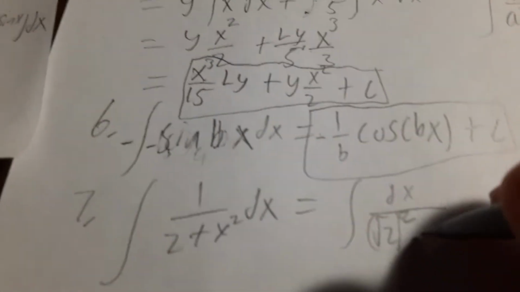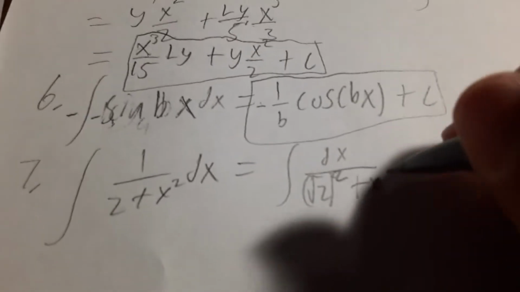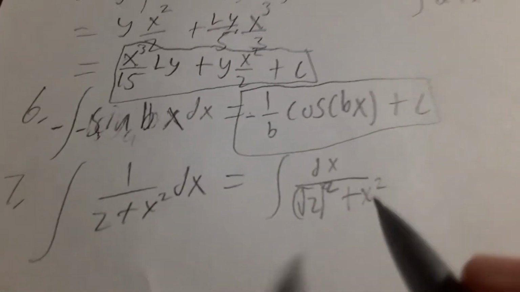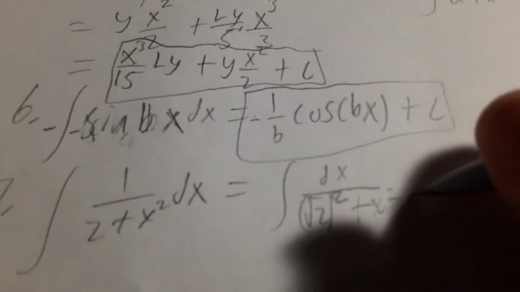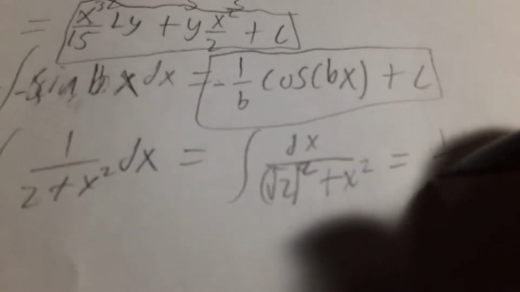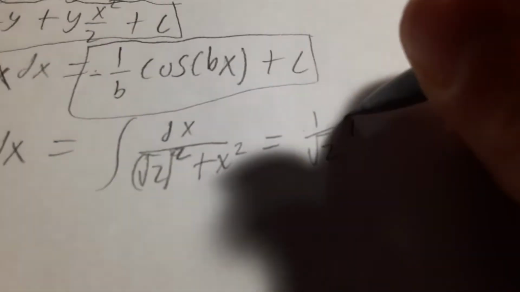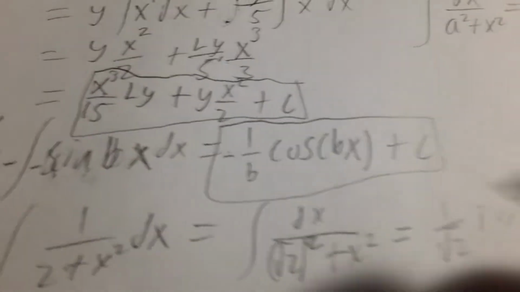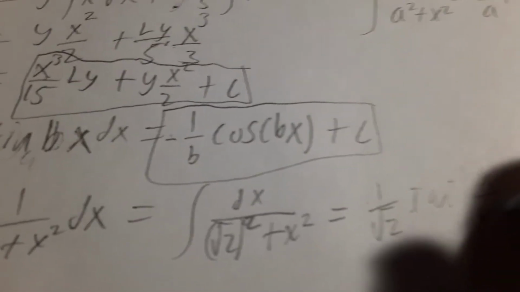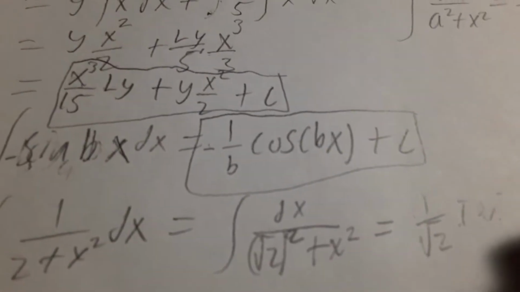That's an algebraic definition you should know. Plus x squared. So this is now in the form of this. So we can antidifferentiate it using what we already know to get 1 over the square root of 2 times the inverse tan of x over the square root of 2 plus c.